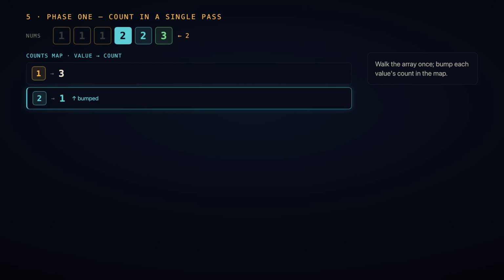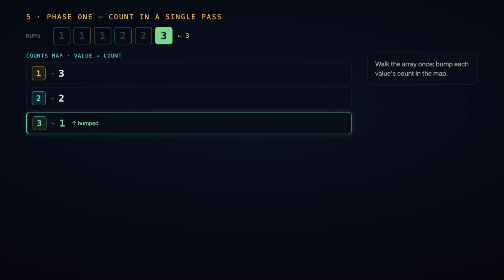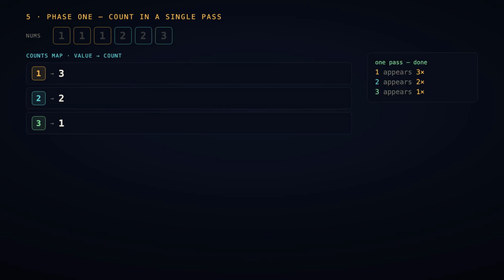Another 2, count 2. Finally, 3, count 1. 1 pass, and we've got the frequency of every value. 1 appeared 3 times, 2 appeared twice, 3 appeared once. That's the easy half, and it's the only pass over the raw data we need.